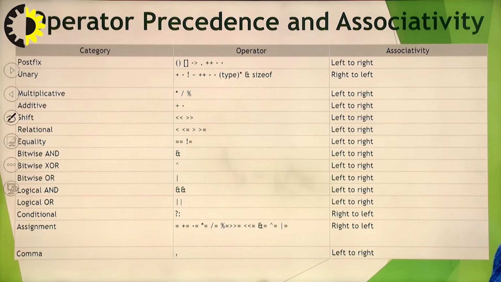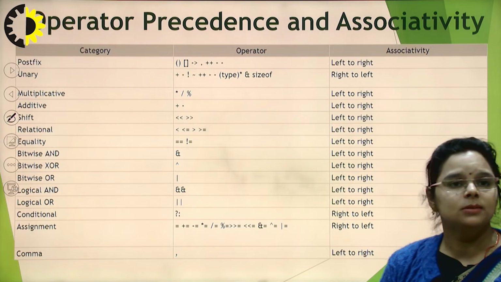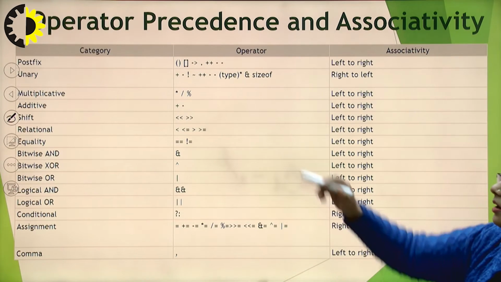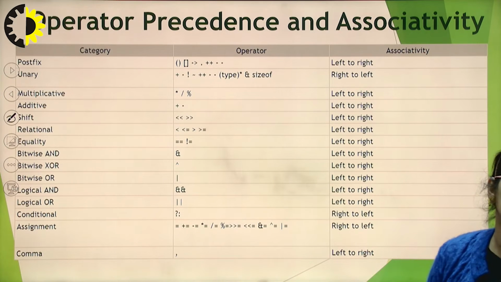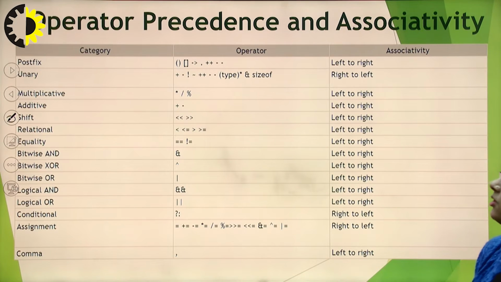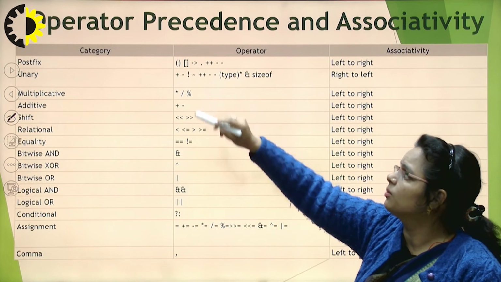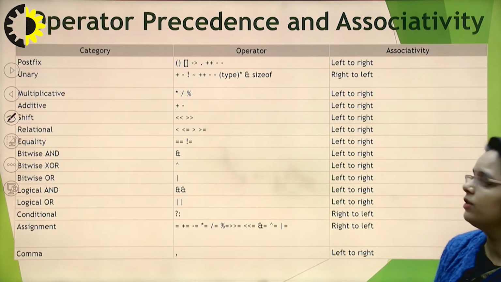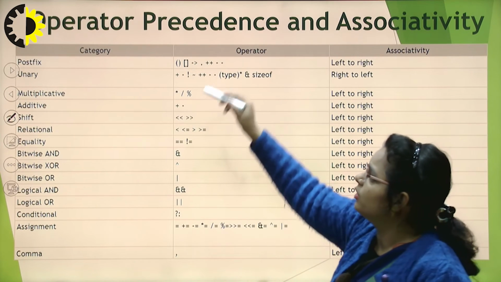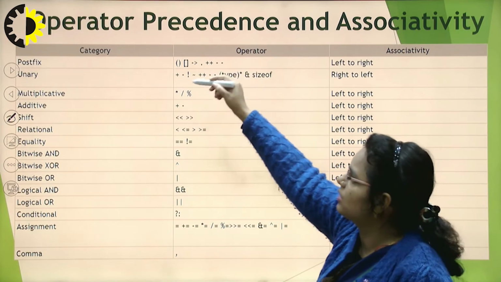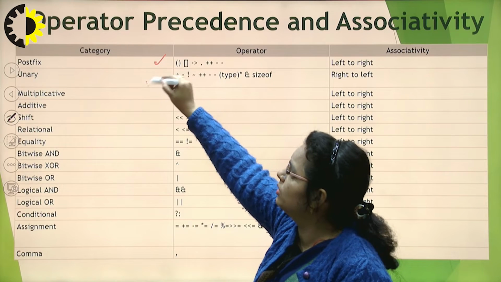Next, this is basically the table of associativity and operator precedence. From top to bottom, we have defined all the precedence. If we have an expression which has brackets and postfix operations, then we will evaluate these first. The topmost operator precedence is the postfix operator, and then unary operators.